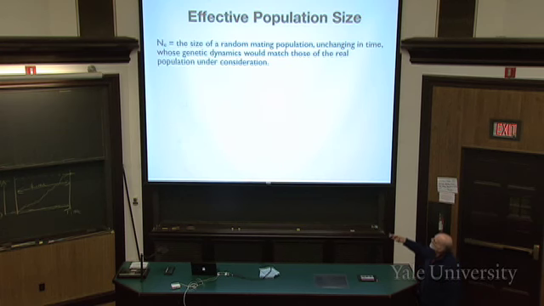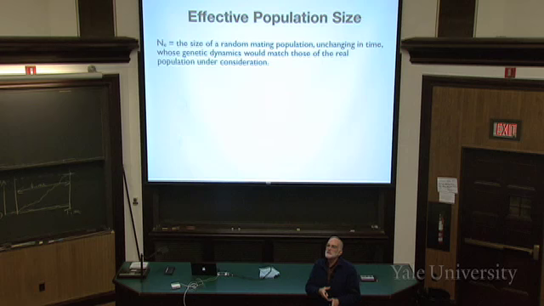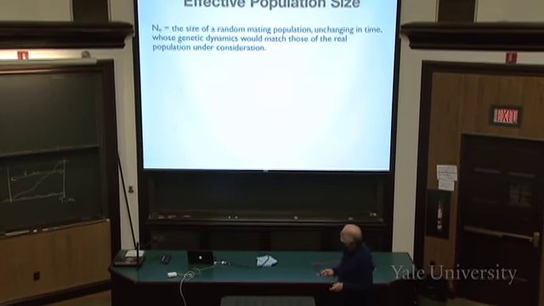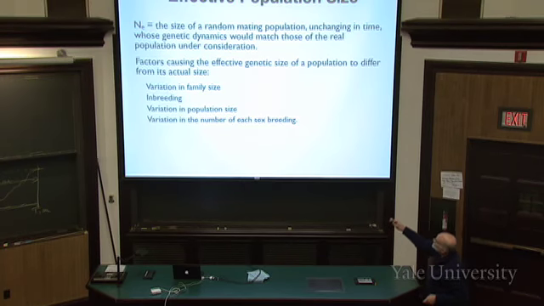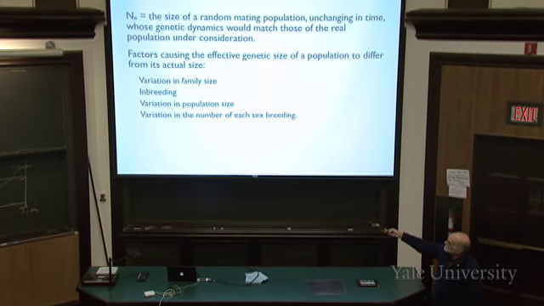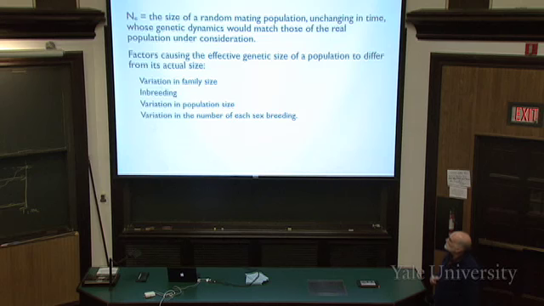Populations don't have random mating, they are changing in time, and so on. How do we take a real population and transform it into something that's easy to calculate? Well, there are methods of doing so. The factors that will have to come into consideration are variation in family size, inbreeding, variation in population size, and variation in the number of each sex that is breeding.